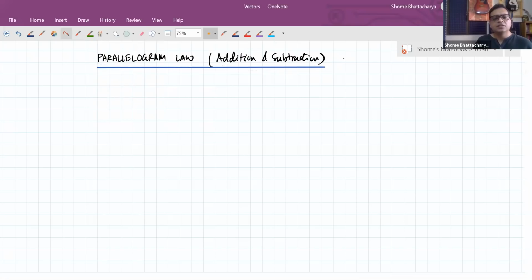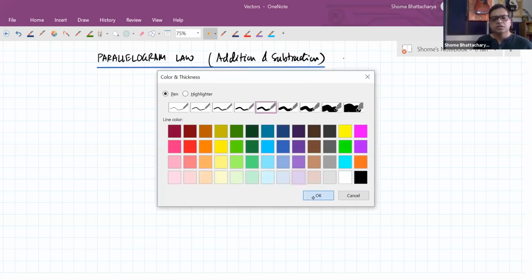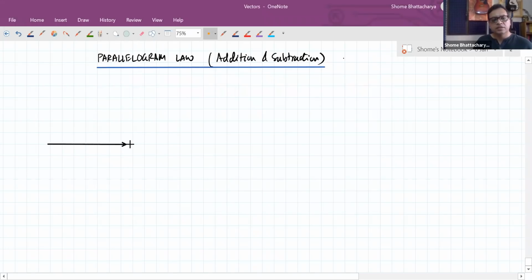So how we'll understand the parallelogram law is like this: suppose this is a vector A and this is a vector B, and this angle between them is theta, and magnitudes are as usual like this, and theta is known.